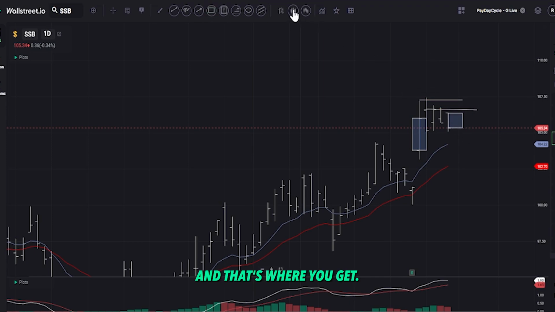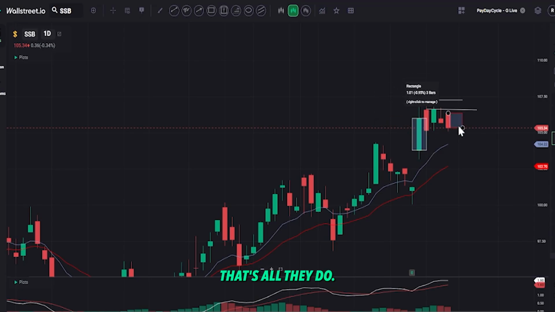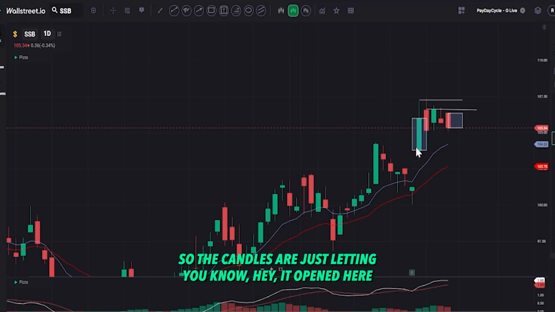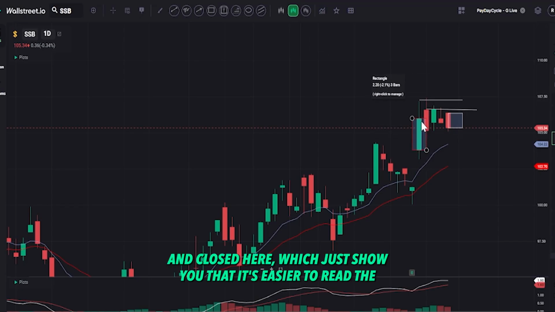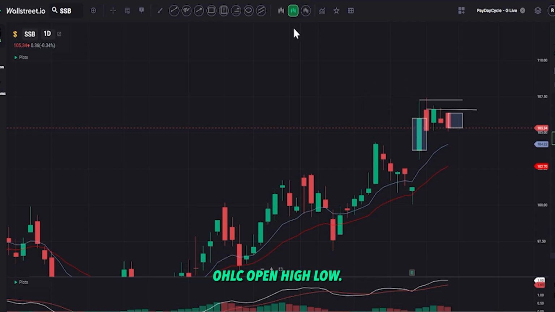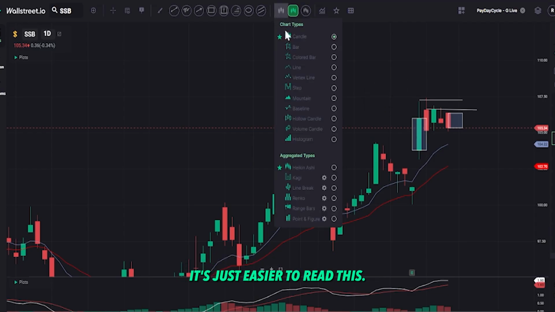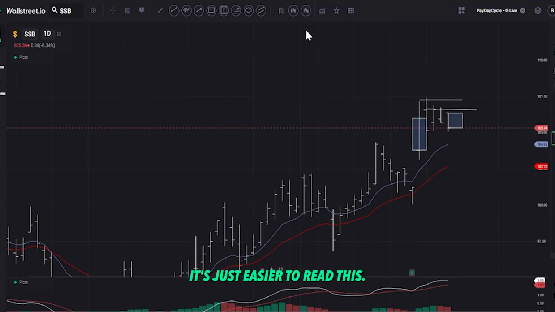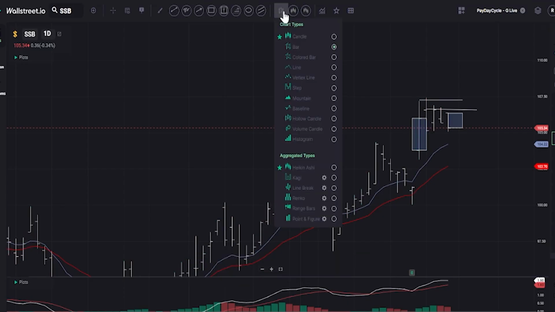The candles are just letting you know it opened here and closed here. It's easier to read the OHLC, the open, high, low, close. The candles make it easier to read.